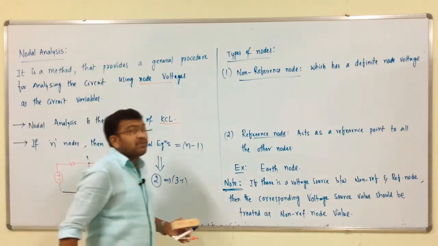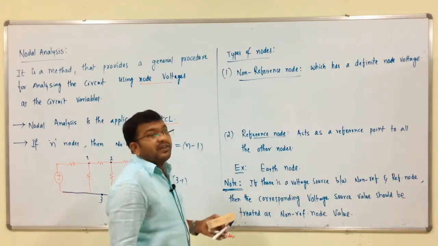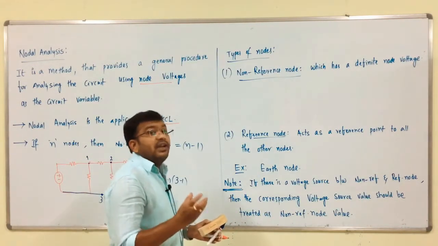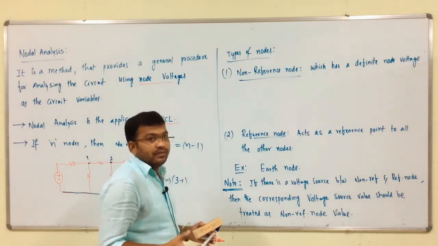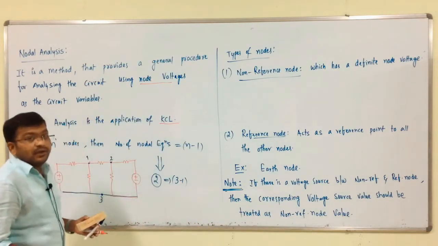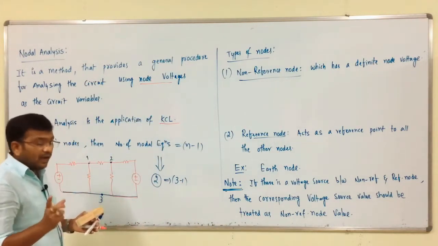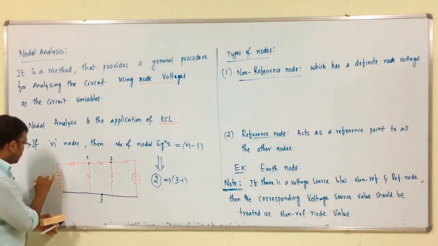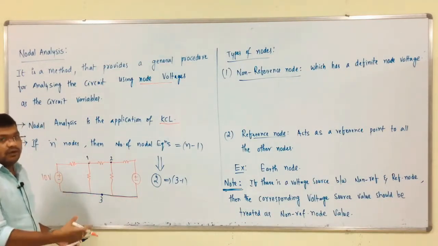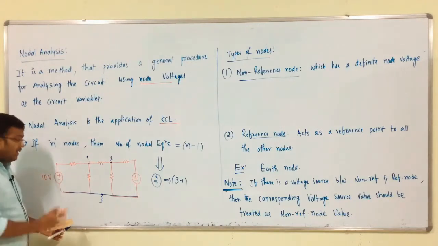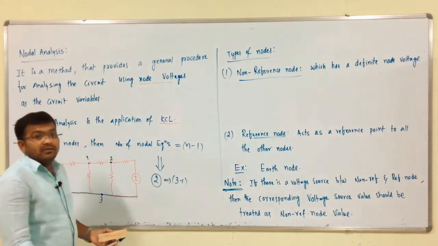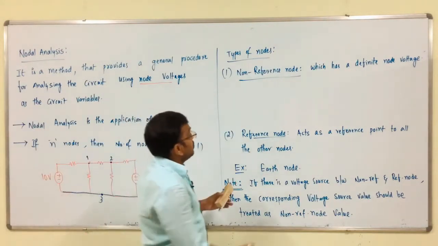Then the types of nodes. A non-reference node acts as a definite node voltage, meaning there is a value of that voltage source. For example, this is 10 volts, which is the value of that non-reference node.